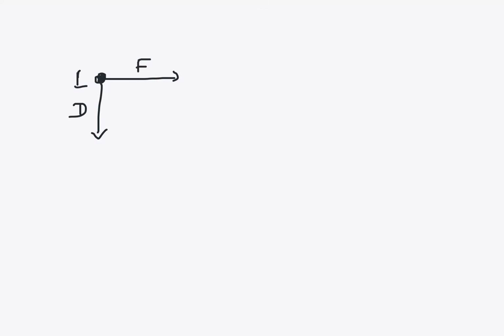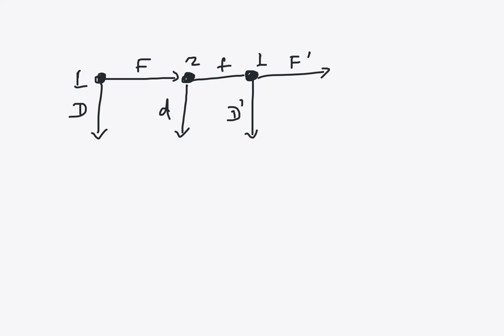And then player 2 gets to play the game. In the second stage, player 2 can move down as well, or move forward. And then player 1 gets to play the game again in the third stage of the game, where they can move down, D prime, or move forward. Either way, the game ends.